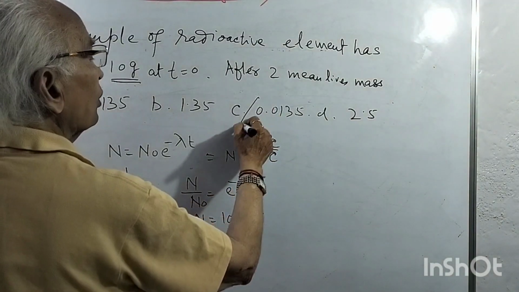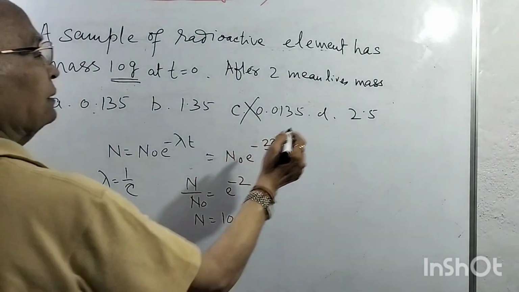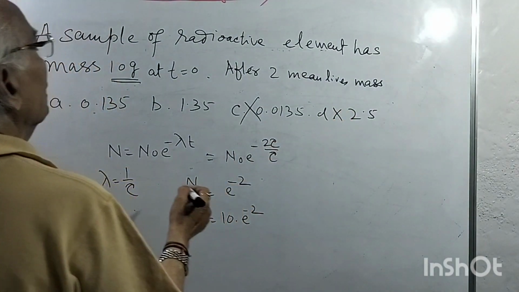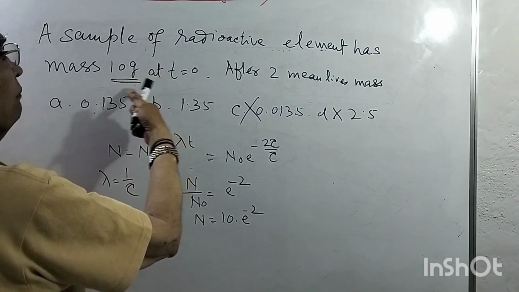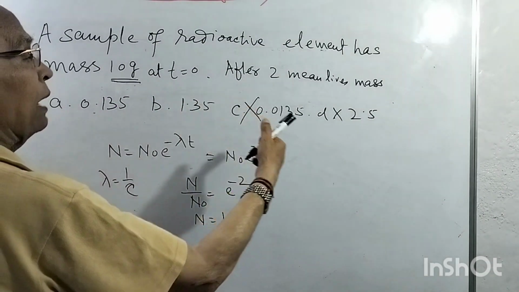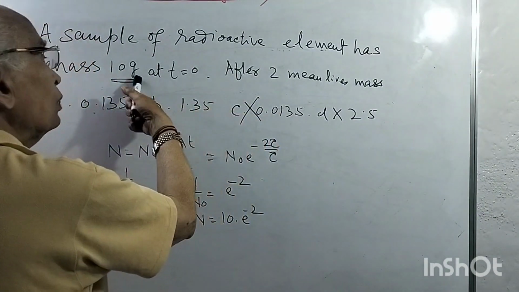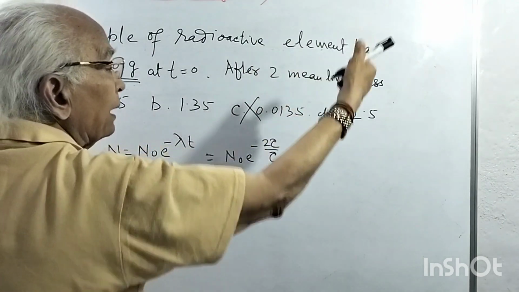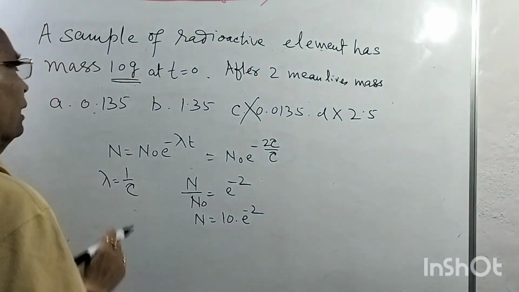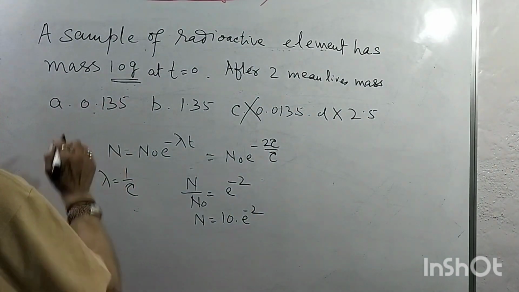Well, this is too small, and this has too large a value. Because 10 gram after one half-life becomes 5, after one more half-life 2.5. So this is 2 half-life, but it is 2 mean life, so this cannot be there. And this is also too small.